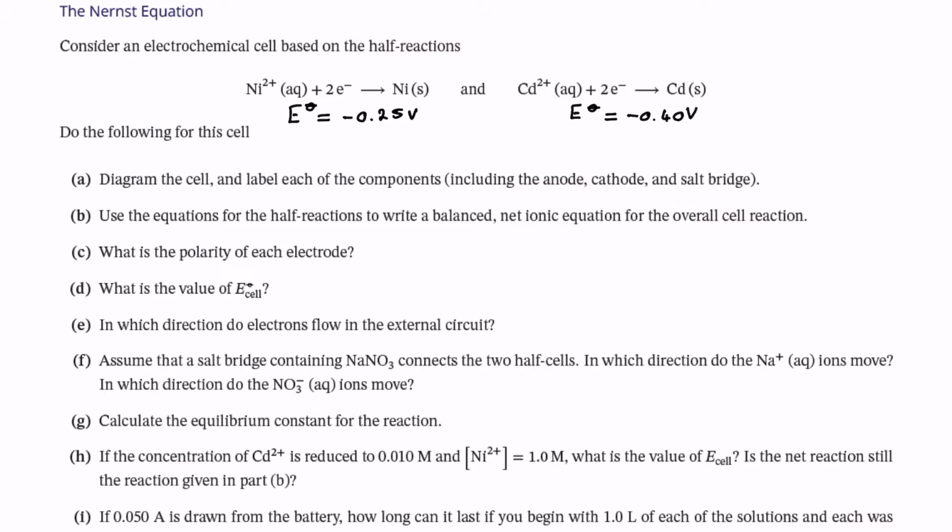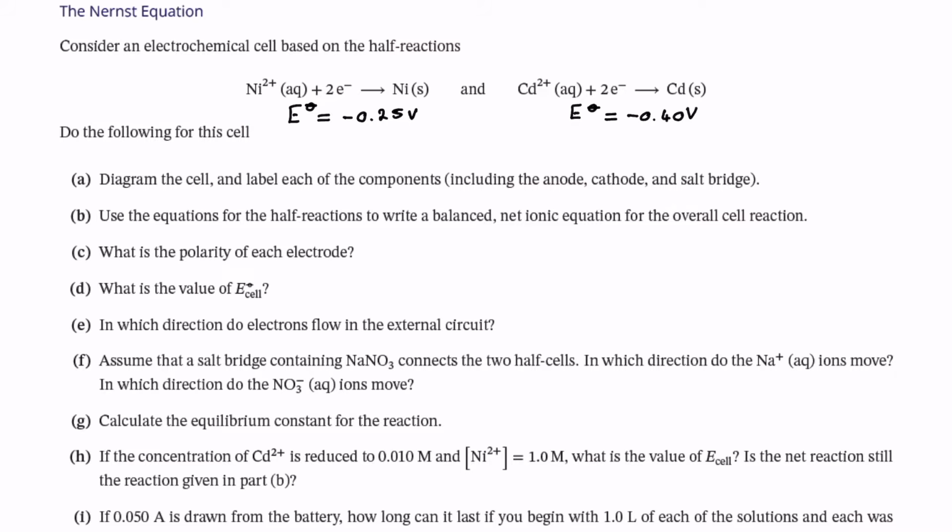So nickel would preferentially be reduced rather than cadmium. So nickel is a stronger oxidizing agent than cadmium is, right? So it's the one that's more easily reduced, and cadmium is the one that is more easily oxidized, right?